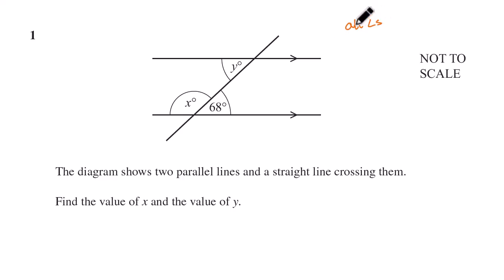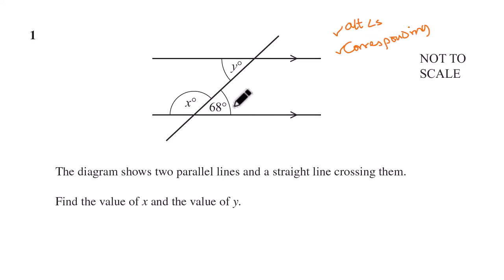It has to do with corresponding angles. Now, these two angles are always equal. When you have two alternate angles, they are always equal. When you have two corresponding angles, they are always equal to each other.